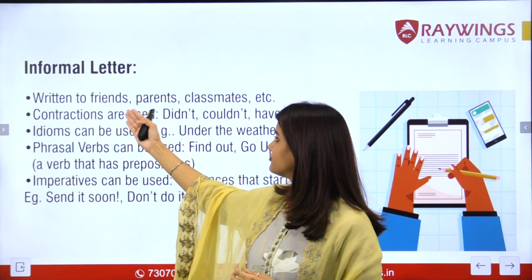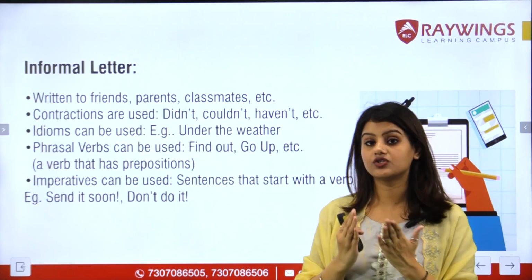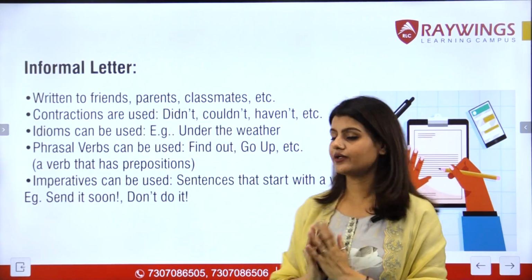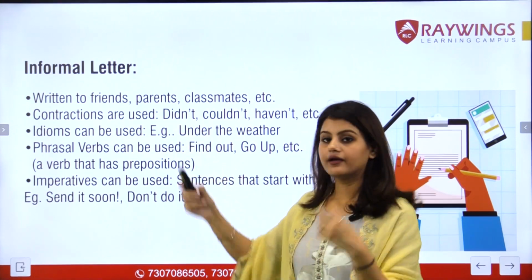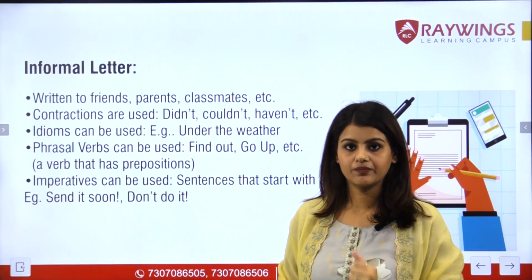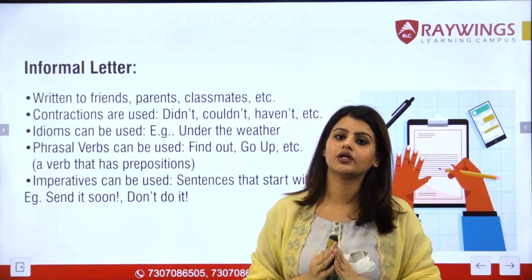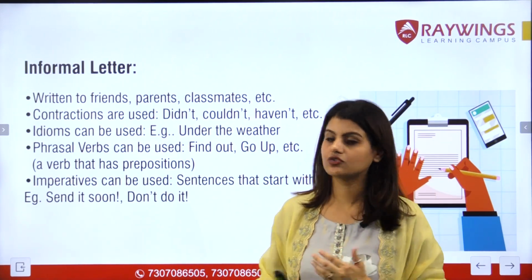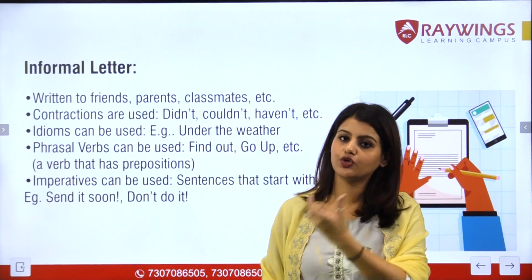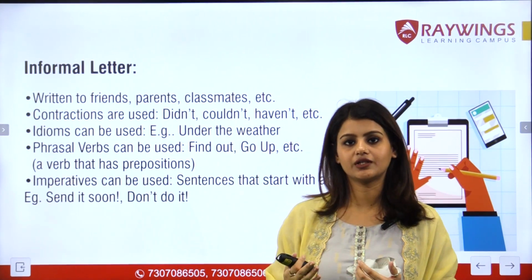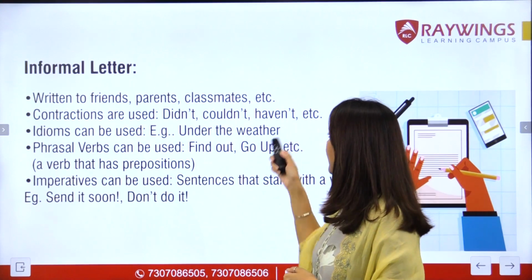So written to friends, parents, classmates. Then contractions can be used. What I basically mean by contractions is, like, didn't. Didn't is a short form of did not. So if you want to write did not in short, you contract it and write didn't. Similarly, couldn't. The full form is could not, but we contract it. Same way haven't.